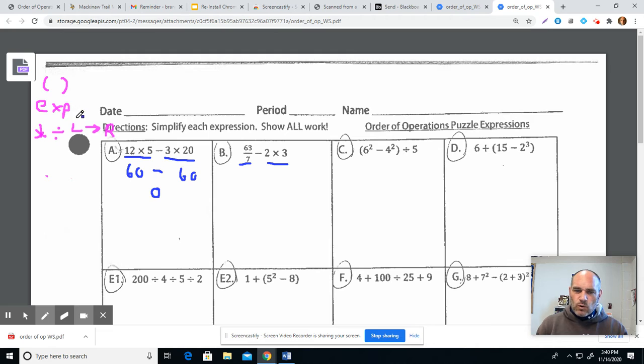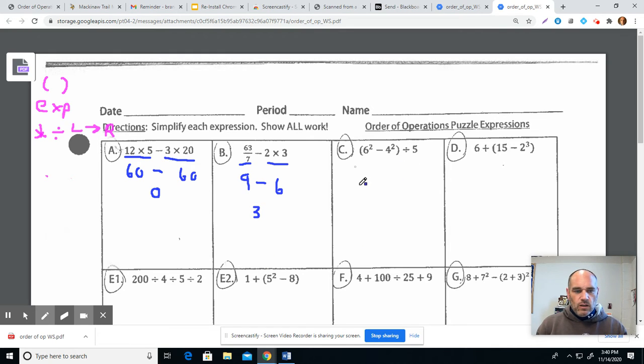So I went down my order of operations until I came to what I have. Well, 63 divided by 7 is 9, and 2 times 3 is 6. So I did this, I rewrite everything I haven't used yet. So I bring down that minus sign. 9 minus 6 is 3.